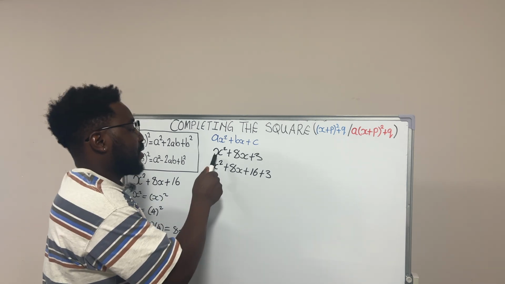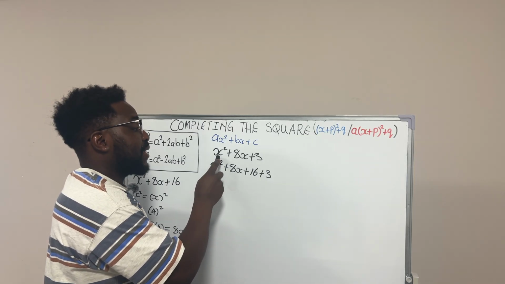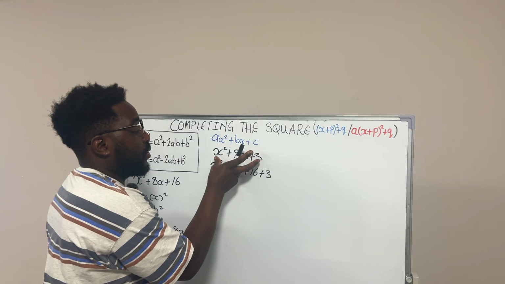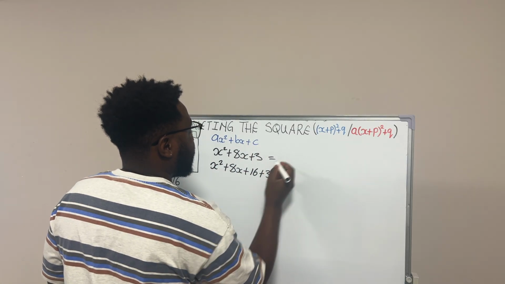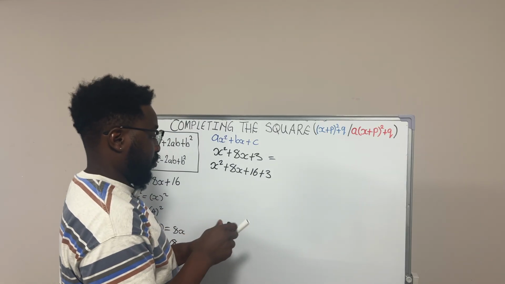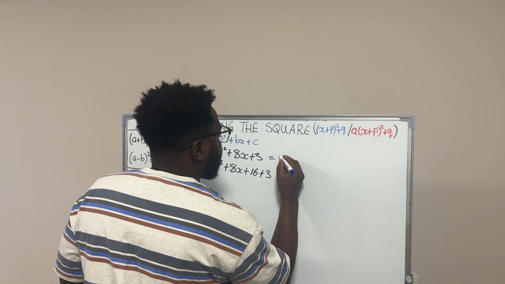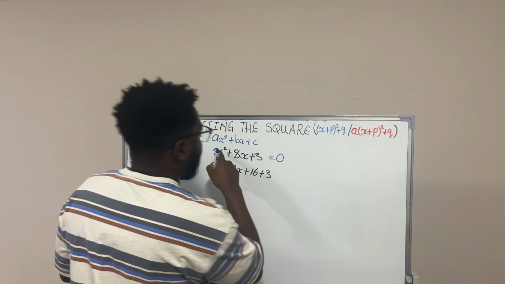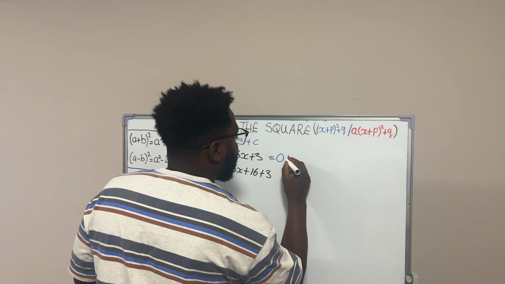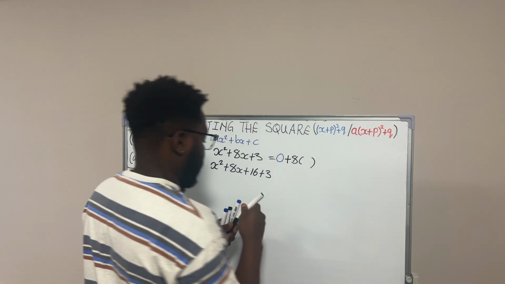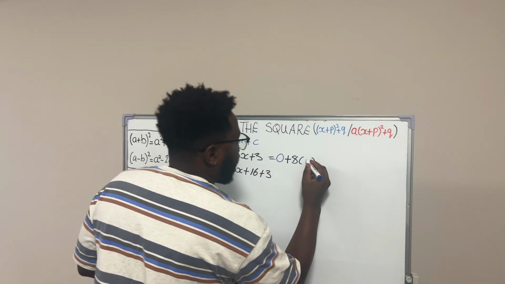Okay, let us set x to 0. Yes, let us set x to 0 in our initial quadratic expression. So let's do that. We're setting x to 0, right? So our x squared will be 0 plus 8 times x, where x will also be 0, right?